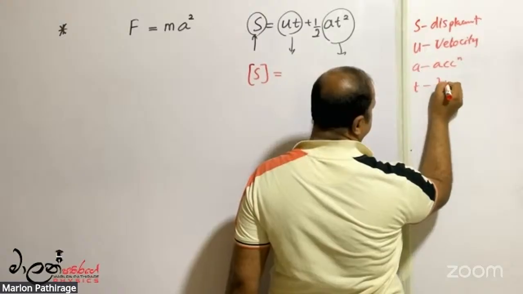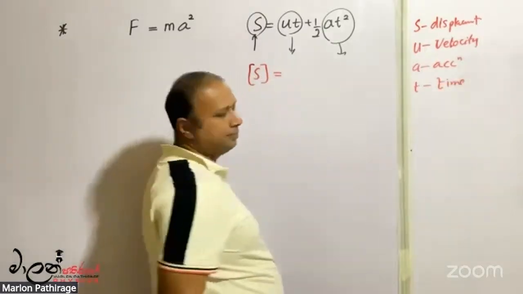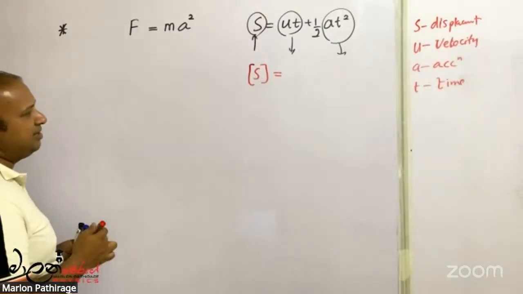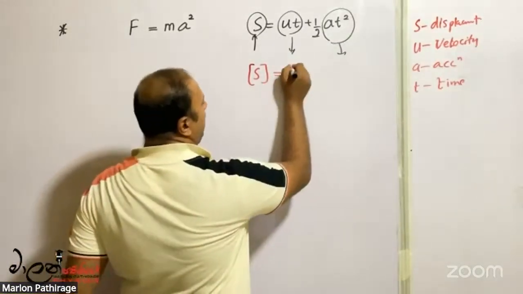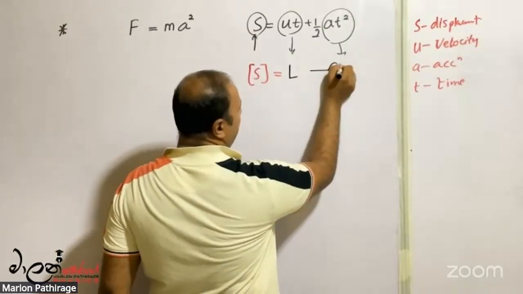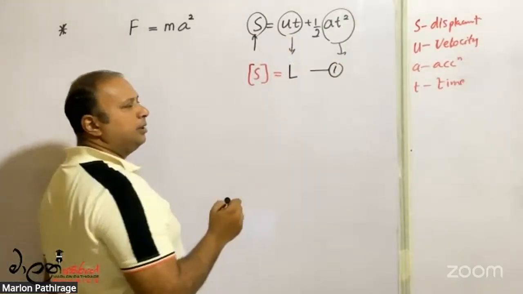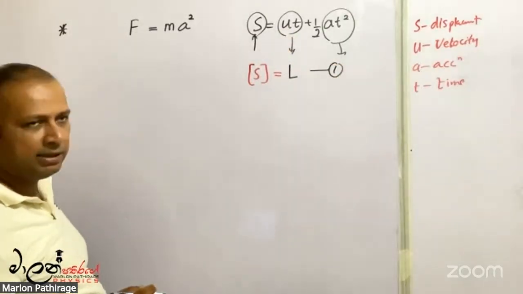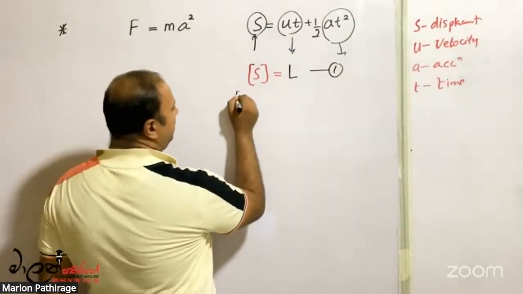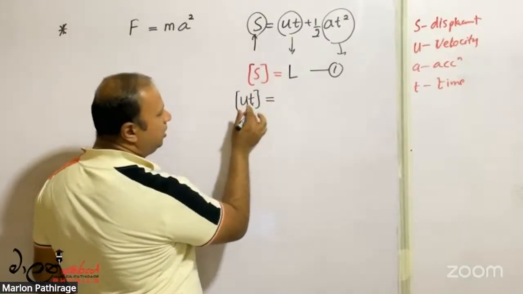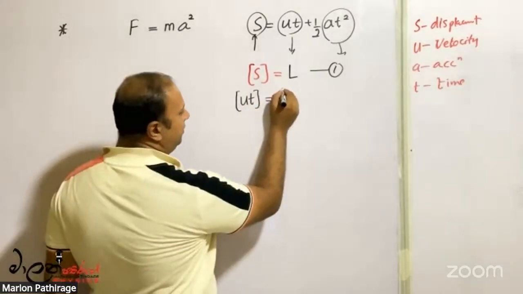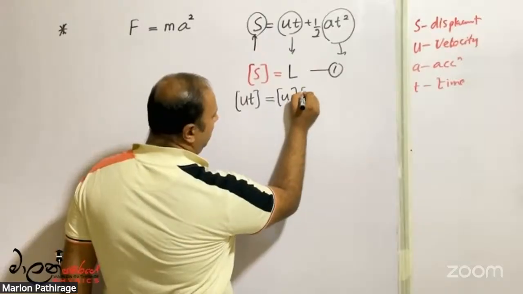T means time. So S is the displacement, and therefore its dimension should be equal to L. Now the second term is UT. You can determine the dimension of UT. The dimension of UT means the dimension of U multiplied by the dimension of time.